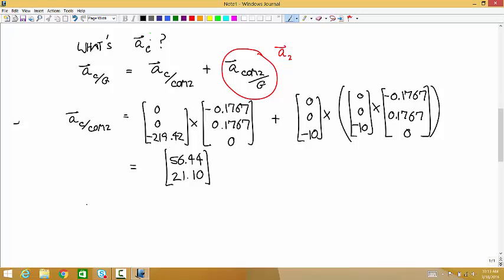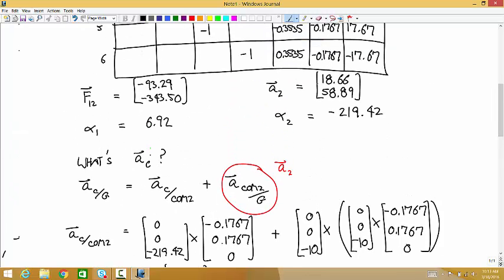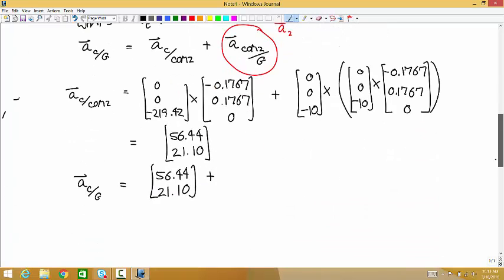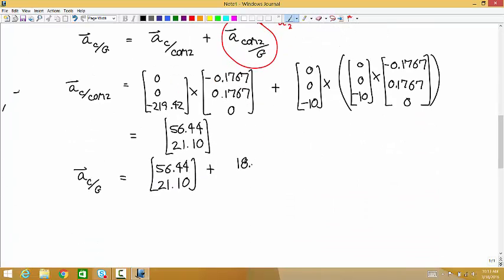Okay, so then finally, the acceleration of c relative to the ground is 56.44, 21.10, plus what we got for A2, so 18.66, 58.89.